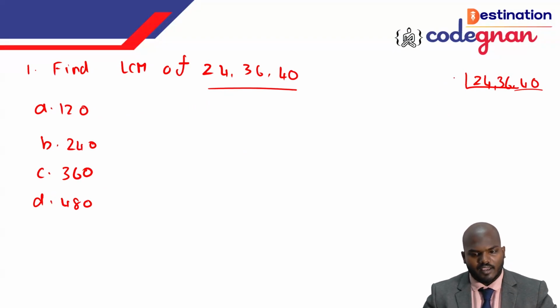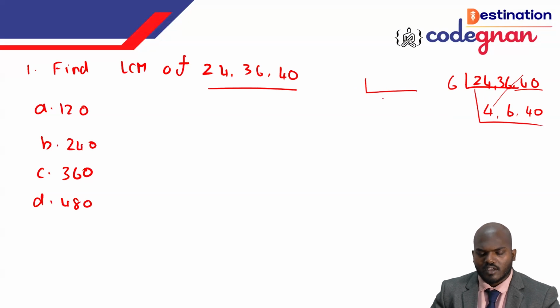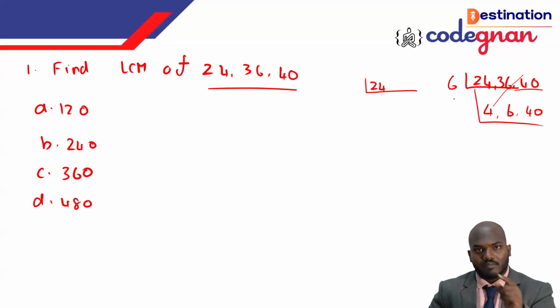If I take the value directly with respect to 6, it gives 6 times 4 and 6 times 6, but 40 is not a multiple, so it doesn't work. So we don't want to divide directly by that; we divide by 2 or something which is a common factor. If you directly use this number, it will lead to a mistake.